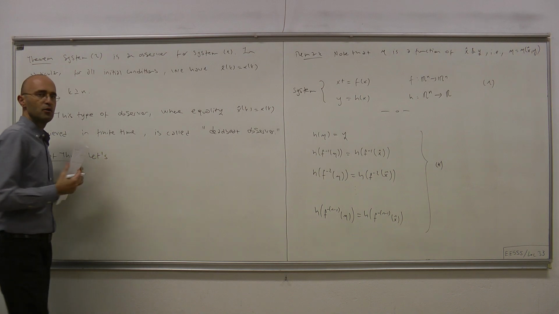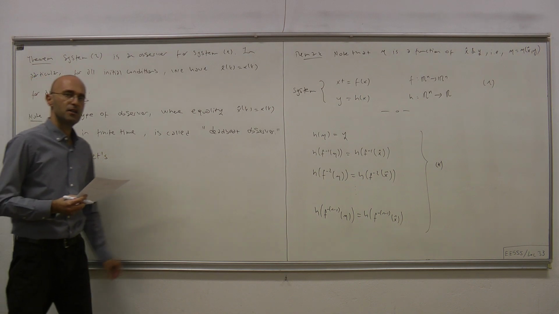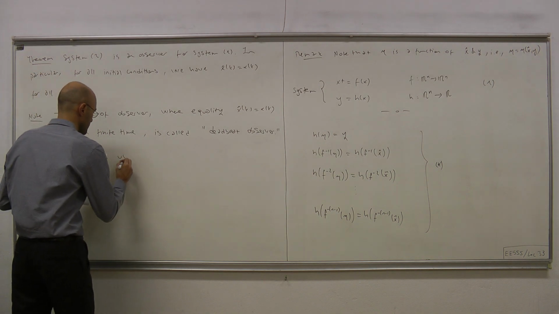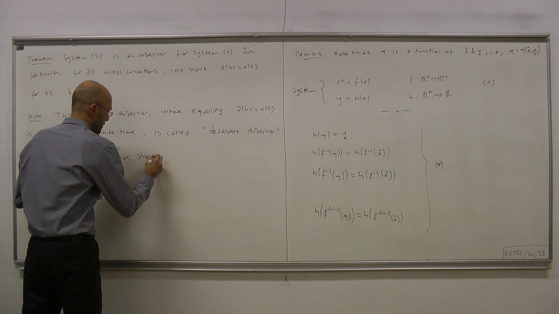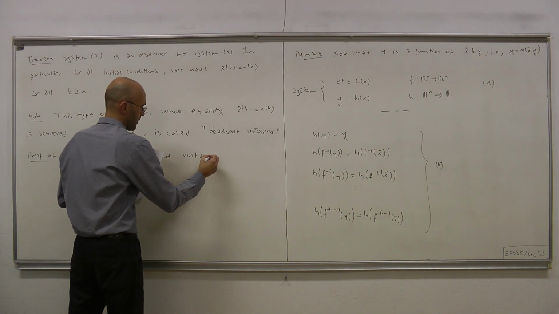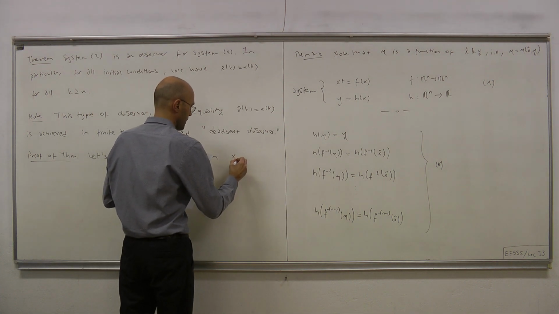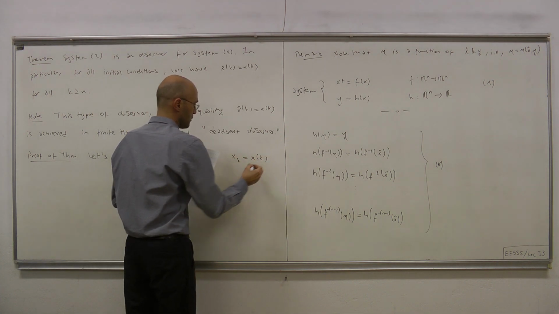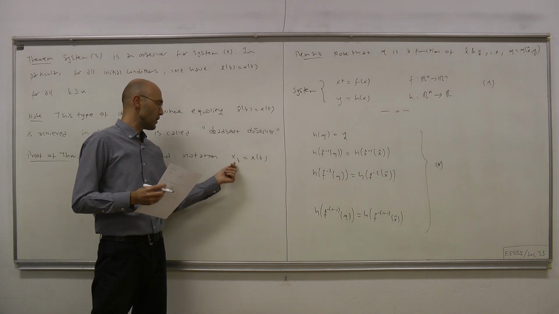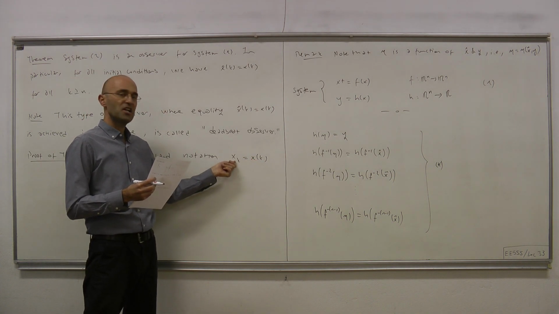In our proof, to keep the notation simple, we're going to introduce some shorthand symbols. Let's use the following shorthand notation. Okay. To get rid of parentheses, instead of calling x of k, we're going to call this x sub k.